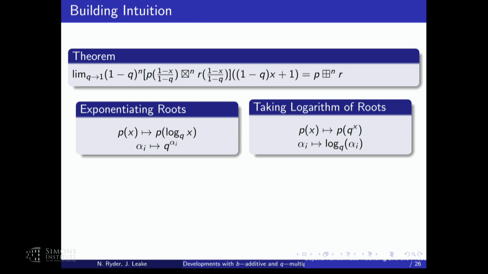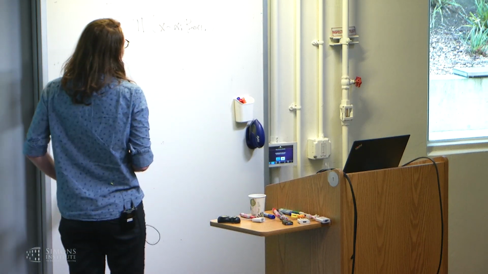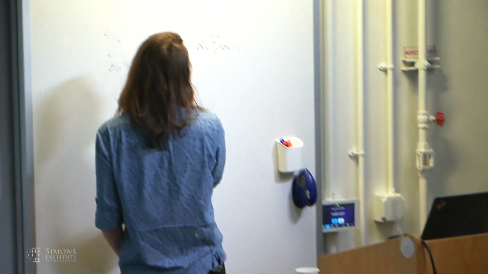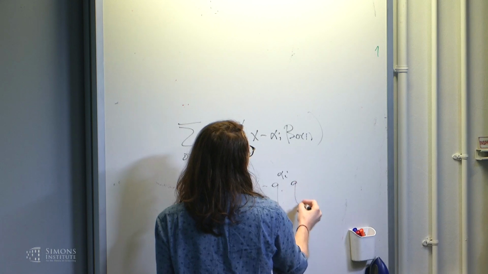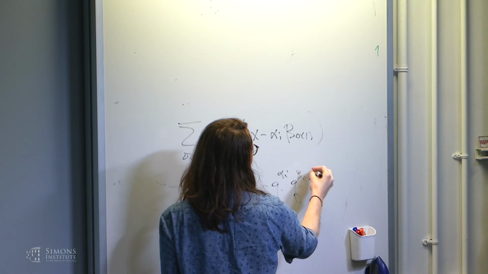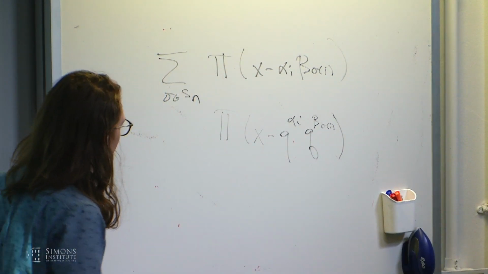And so I have this intuition for this formula for the multiplicative convolution. If I could exponentiate my roots, then I'd end up here.